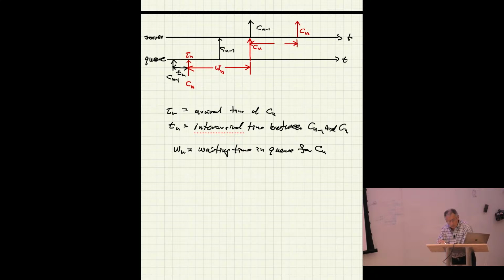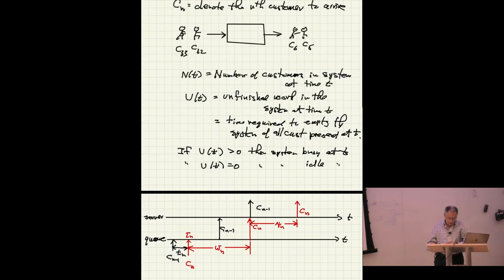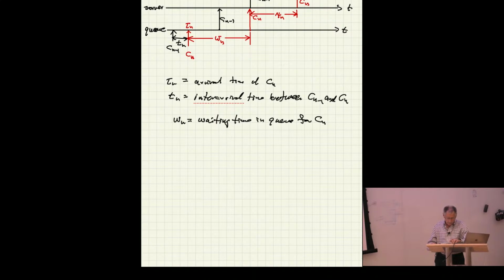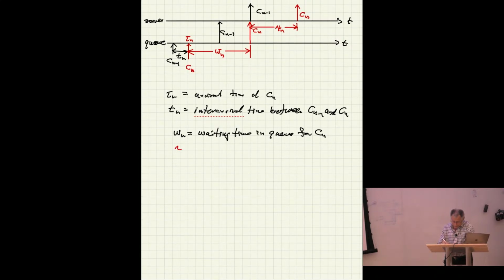Service time. Cn went into service here. He left here. That interval must be xn, which I call the service time. Now, did I define xn anywhere? No, I didn't, so let me do it right here. Xn equals the service time for Cn.